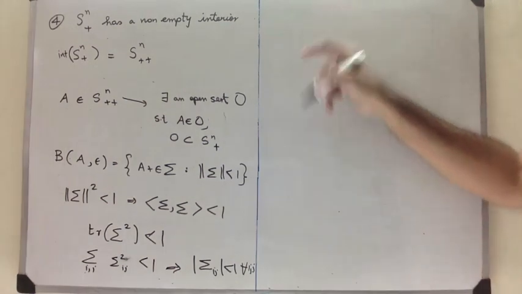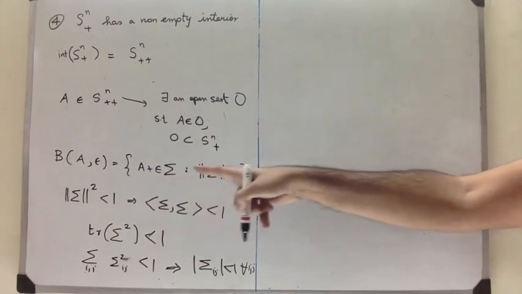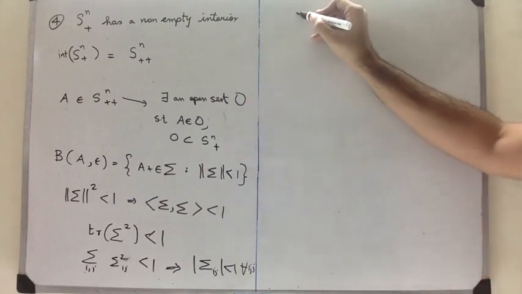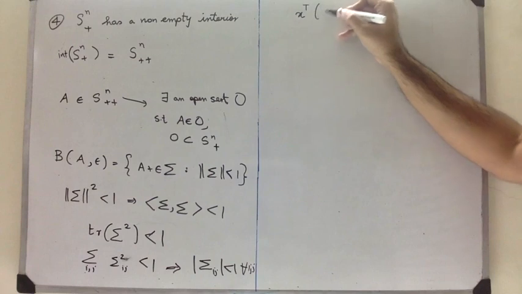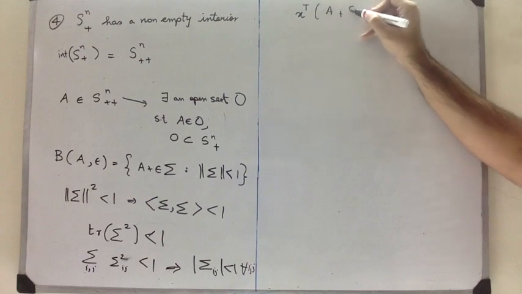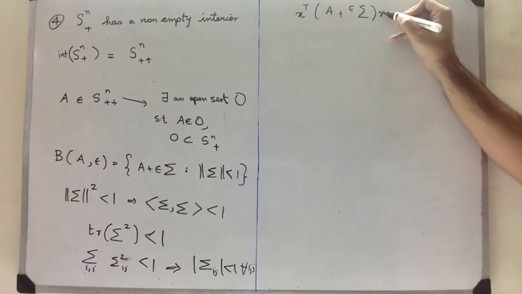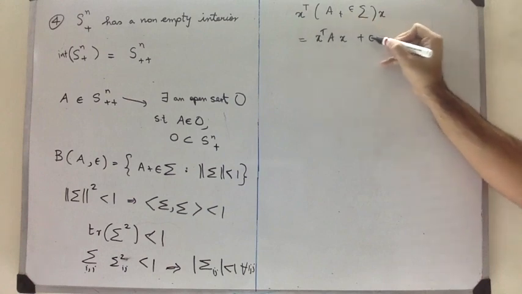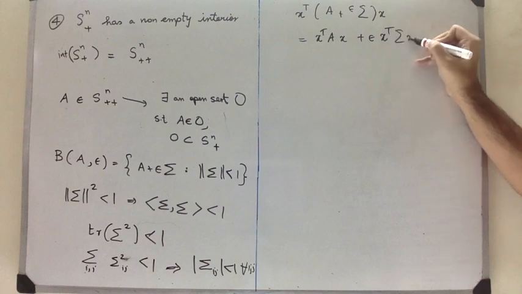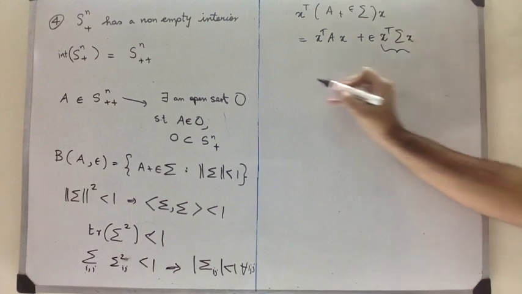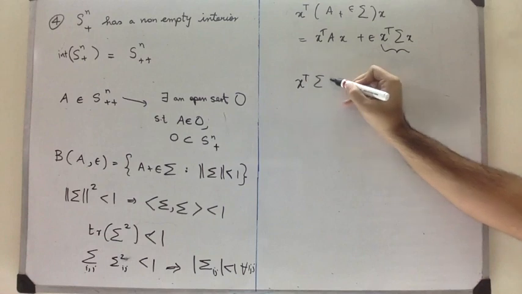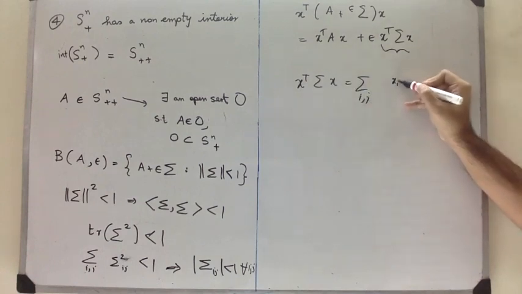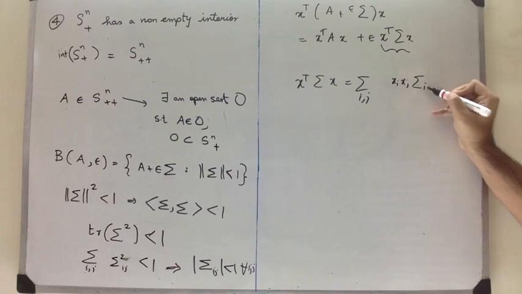Now, in order to show that all elements of this open ball lie in Sn plus, we look at X transpose (A plus epsilon sigma) X. So this is X transpose AX plus epsilon X transpose sigma X. Now let us look at this term X transpose sigma X. This will be the sum over ij of xi xj sigma ij.